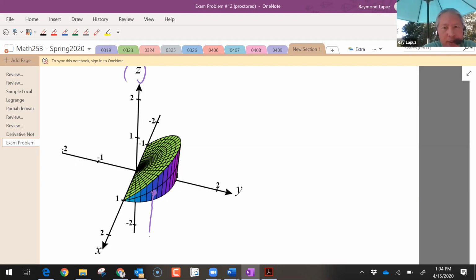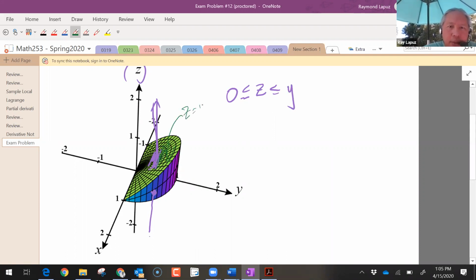To find limits for z, you have to imagine this line hitting from the bottom, and the bottom is actually going from 0, and then it's going to hit this top part before it goes out. The top part is that plane. I think it was z is equal to y. So let me label this plane z is equal to y.